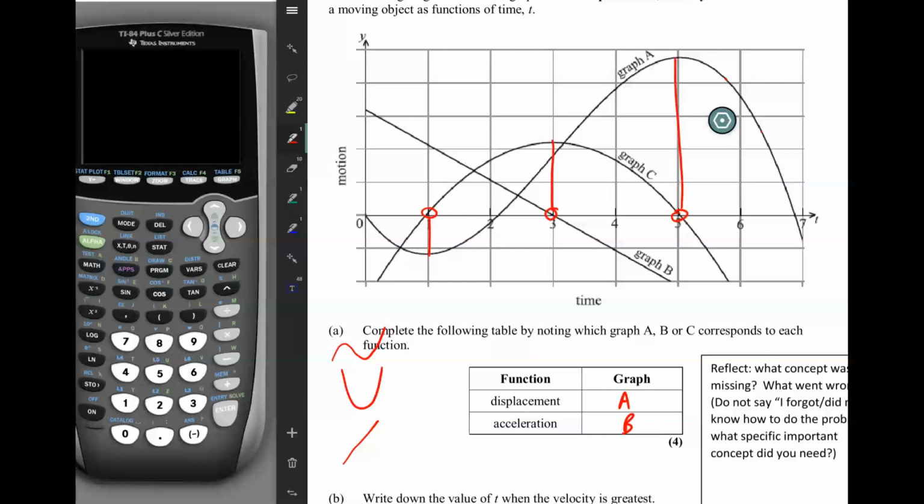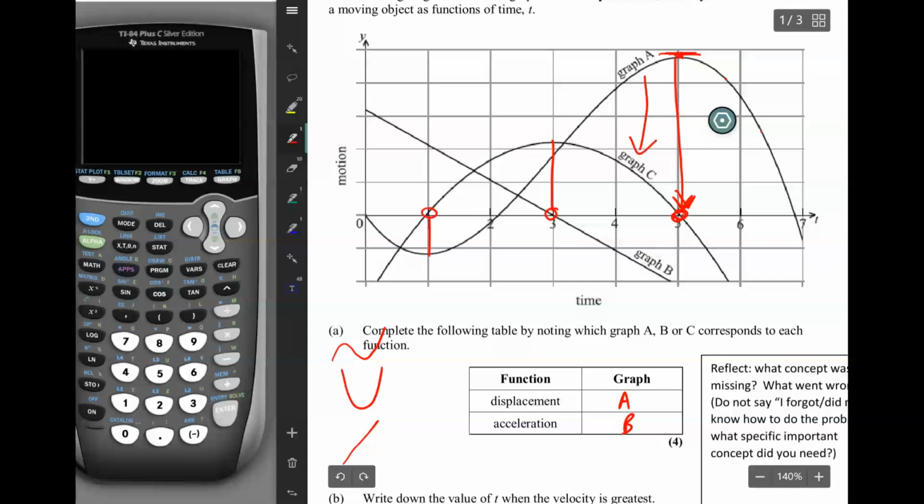So the 0 point for graph C is the maximum point of graph A, which means that the slope at this point is flat, so that must mean that graph C is the derivative of graph A, because at this flat place the slope is 0, so graph C is 0. So graph C is the derivative of graph A.